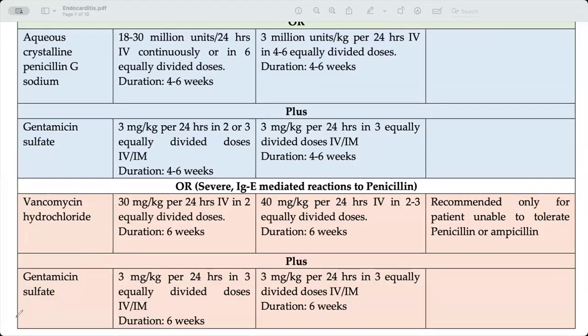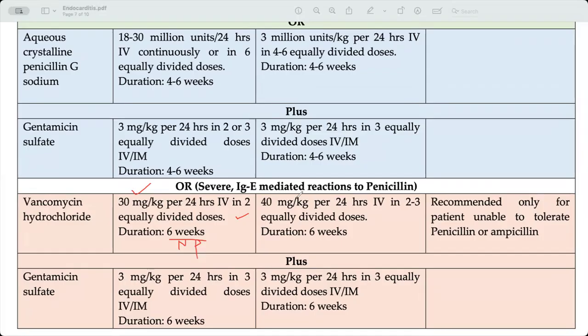Vancomycin adult dose is 30 mg per kg per 24 hours intravenous in 2 equally divided doses. Duration is 6 weeks, either native or prosthetic. There is no criteria as we mentioned before.